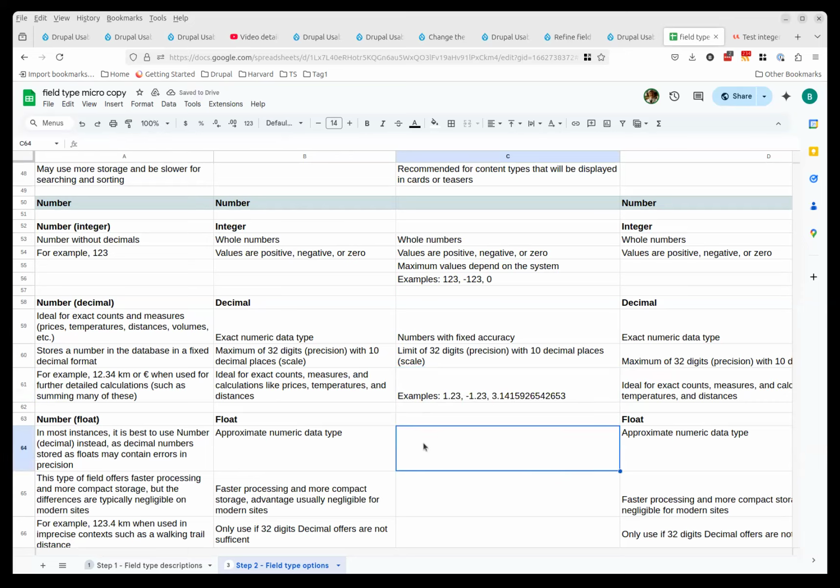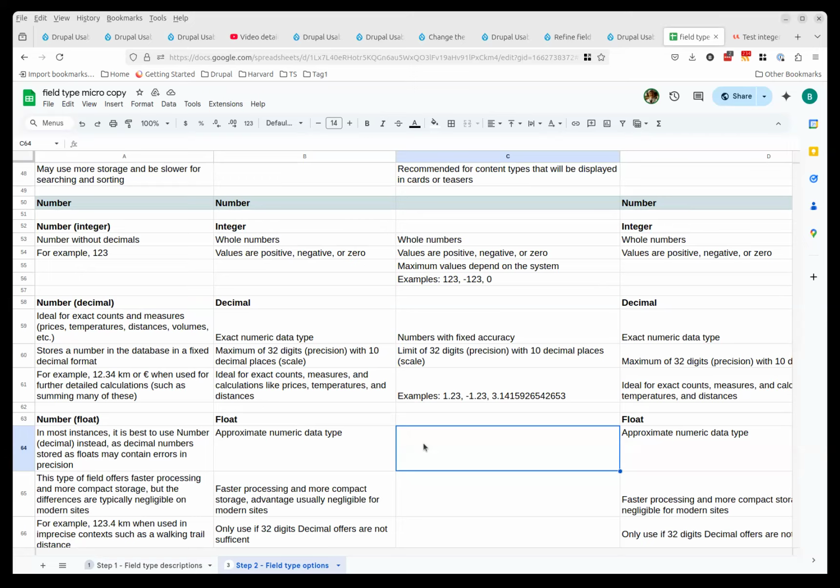So how do we describe floats? Thomas raised his hand. Thomas, do you want to say something?